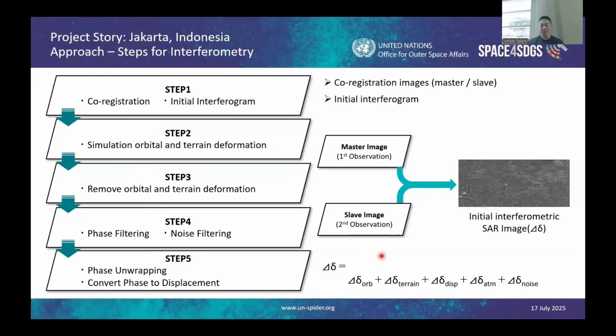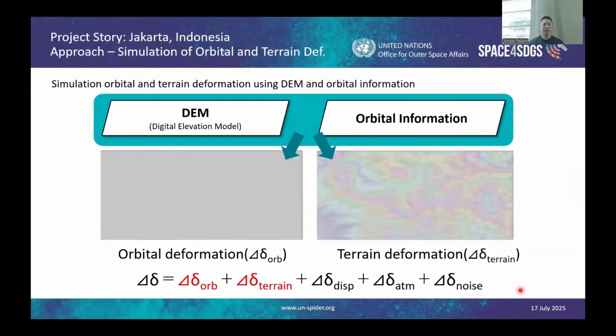So you might be very familiar with these equations. We are jumping to how to get this displacement volume, and how to get rid of these components by analysis and processing. At first, we have to simulate orbital and terrain deformation using the DEM, the digital elevation model, and the orbital information.